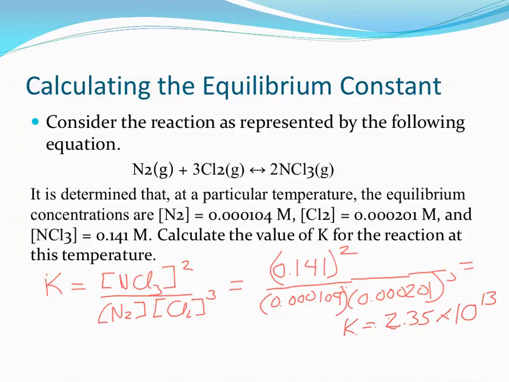So if I have a large number and it's products over reactants, that means I have a whole lot of products. Okay? A very small number would mean I have a whole lot of reactants, or it favors reactants.